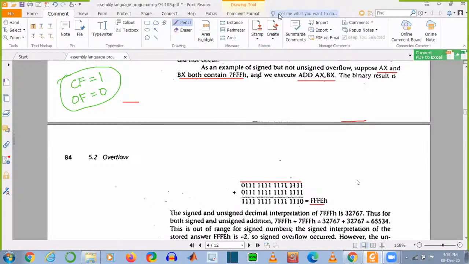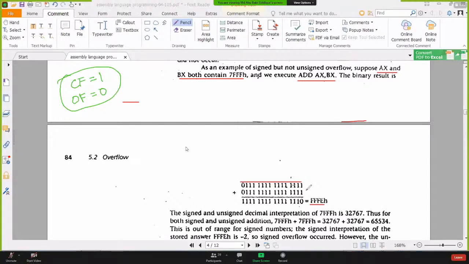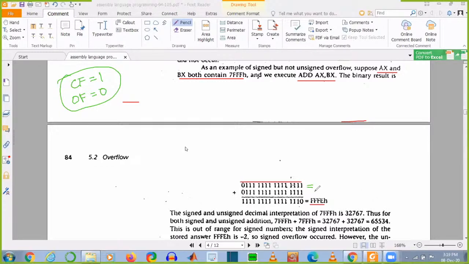So this is the first number. What is the value of the first number in decimal?